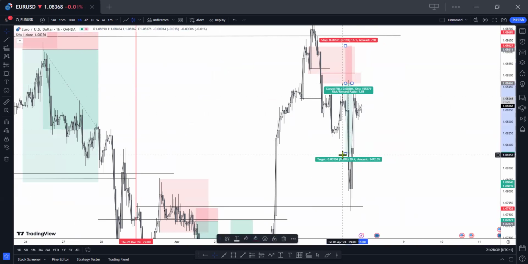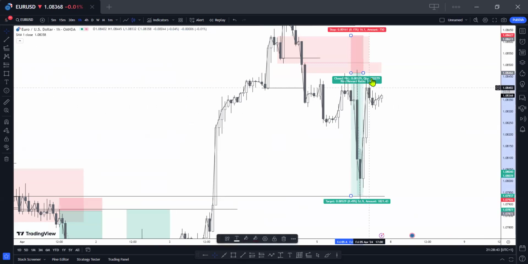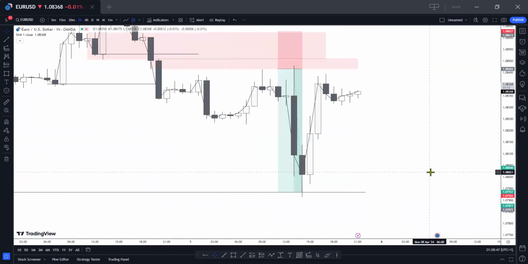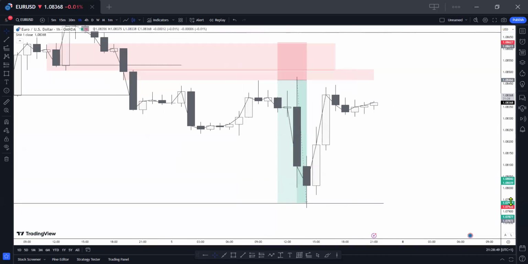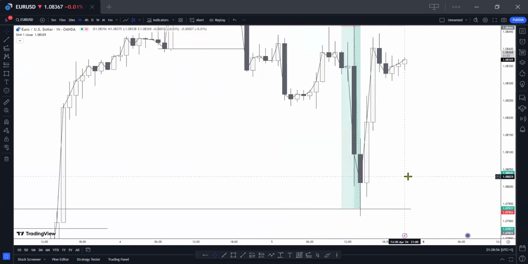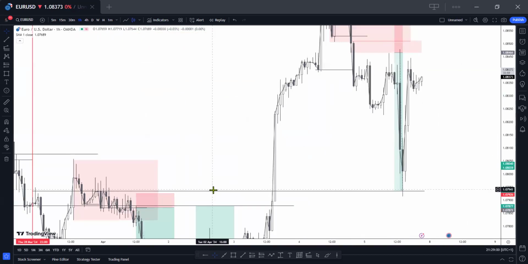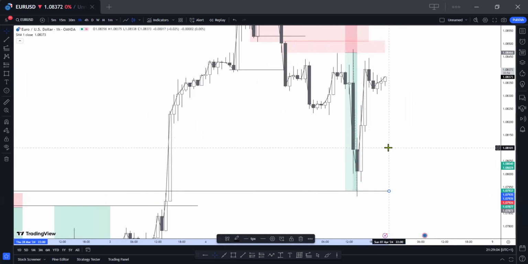Then what will be your targets? Daily support. From this daily support, how would you enter this trade? How would you confirm that this trade is your next thing to do? When price taps on an H1 level, this is a daily level, you come to the H1 charts to look for engulfing buy, or double breakouts.